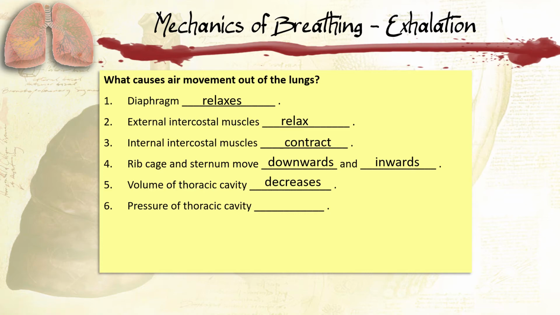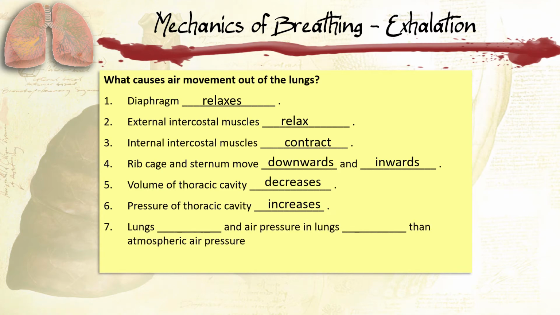And volume and pressure have opposite effect. Smaller volume, the pressure will be higher. So pressure will increase. So when the pressure surrounding the lung increases, what will happen to our lung is it will collapse. Because the pressure outside will be forcing the lung to be smaller.